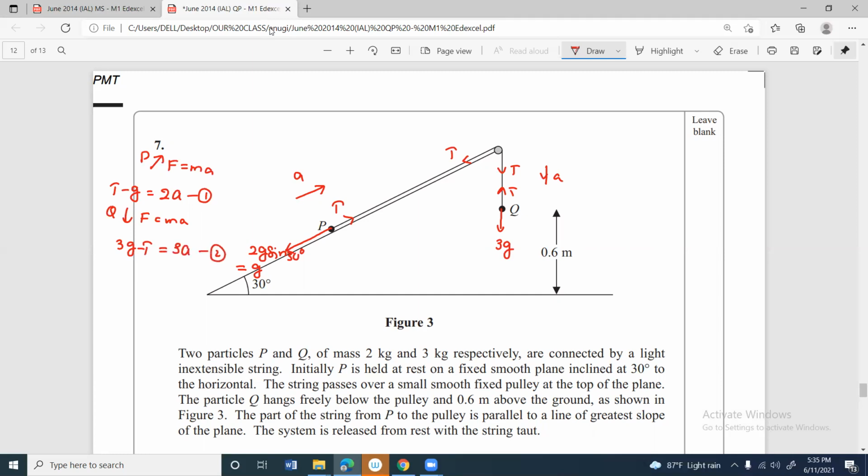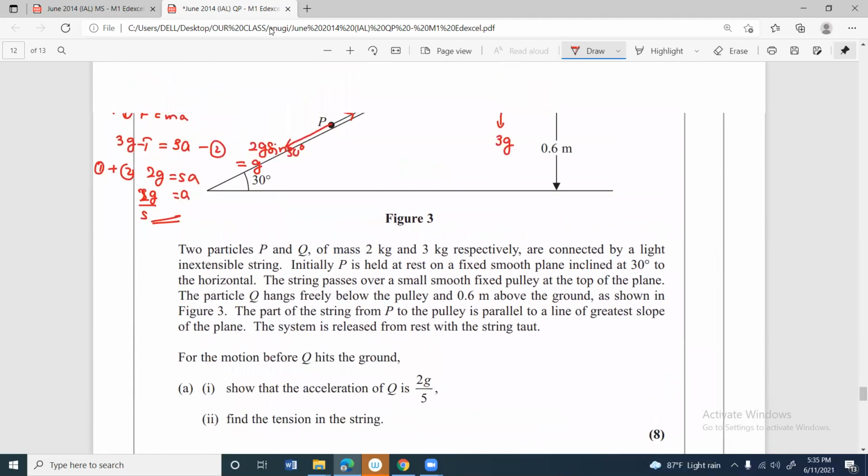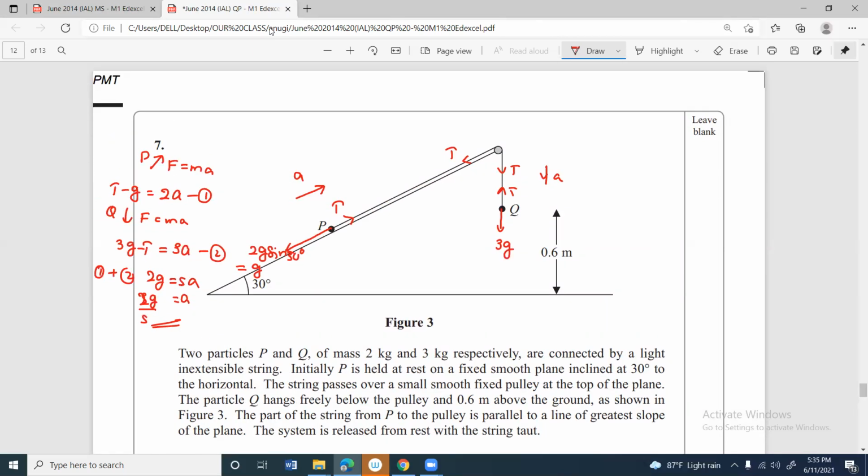Then if you add these two together, 1 plus 2, what do you get? 3g minus g is 2g, equals 5a. Therefore, a equals 2g over 5. That is what we needed to get. This is answer part 1. Then part 2, if you want to find the tension, we can use either equation.